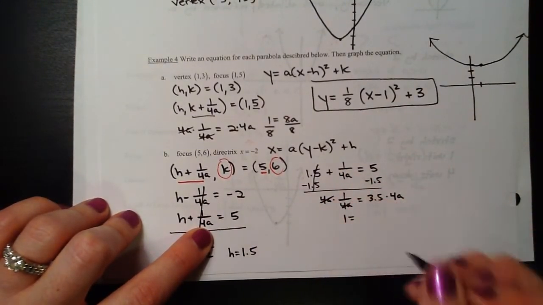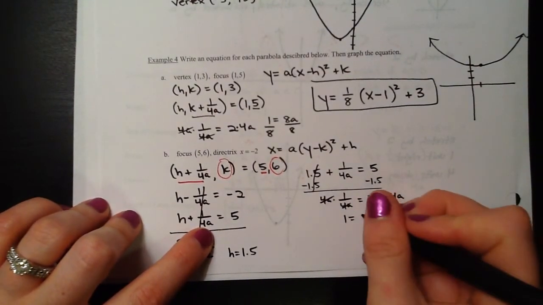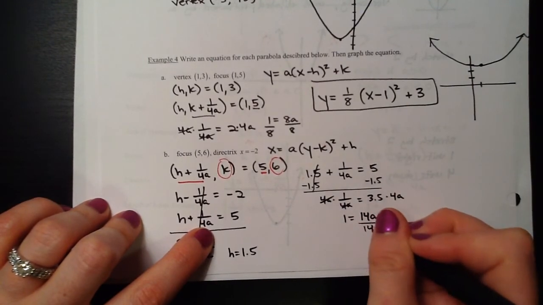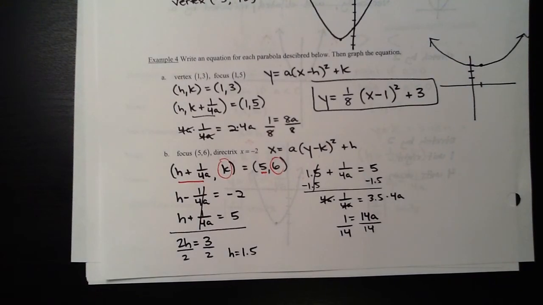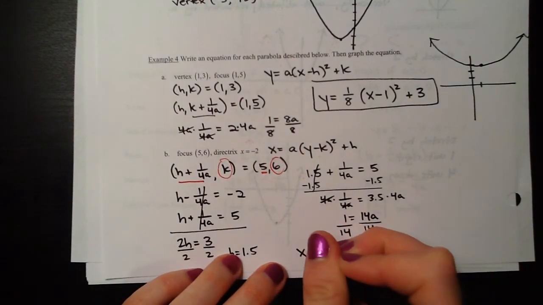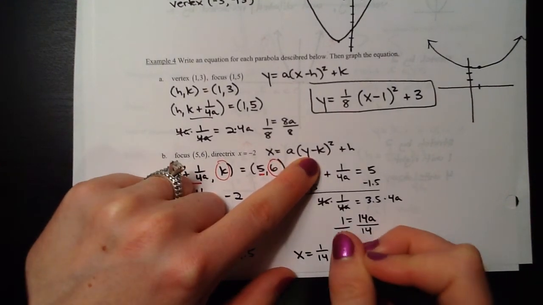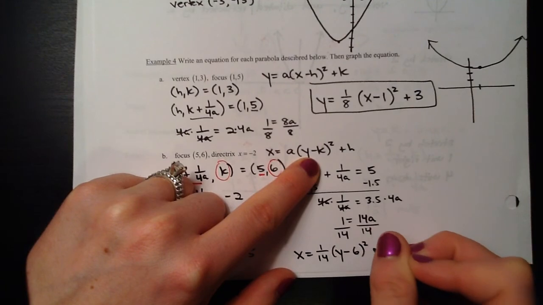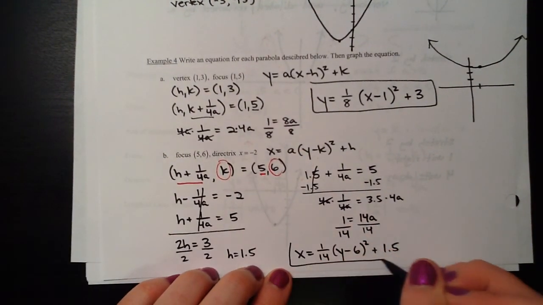I get 1 equals, you can multiply 3.5 times 4, you'll end up with 14a, and then finally to get a by itself, we divide both sides by 14. So my value of a is 1 over 14. Let's plug that all in right here. So 1 over 14, y minus the value of k, which was 6, squared plus 1.5. All right, so that's my equation.